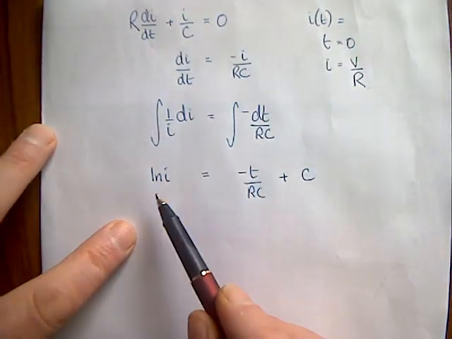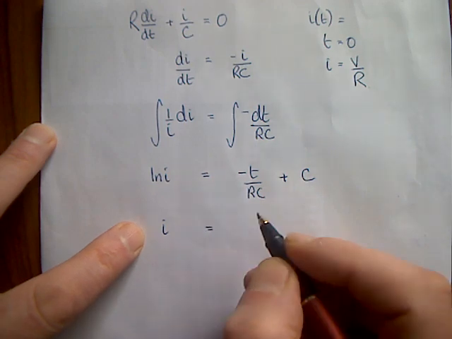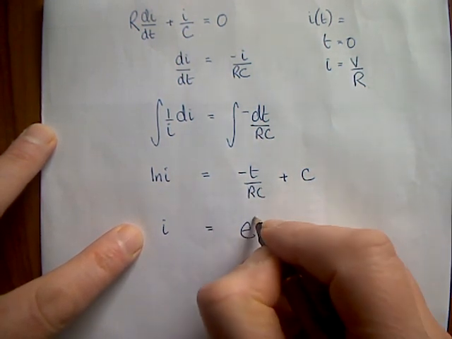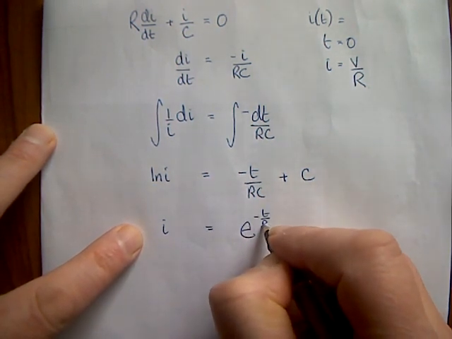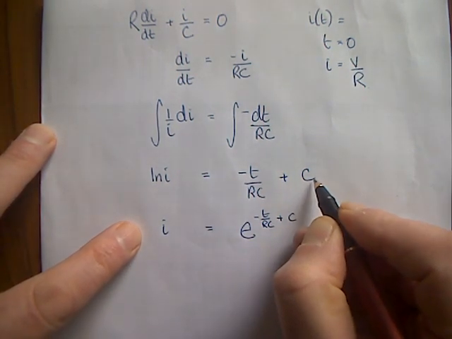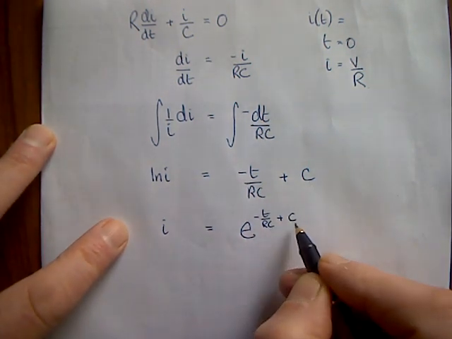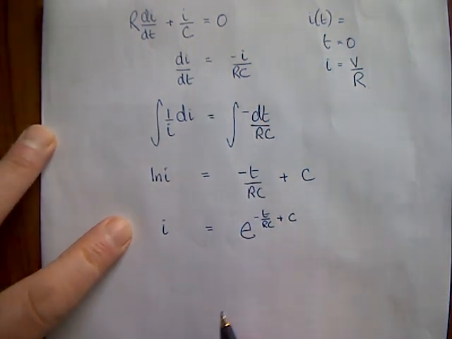But they want I equals, not natural log of I equals, so I equals e to the power of minus t over RC plus c. That c is just a constant, by the way. I should have called it a different letter because I've got a C there. Never mind. That c and that C are different c's.